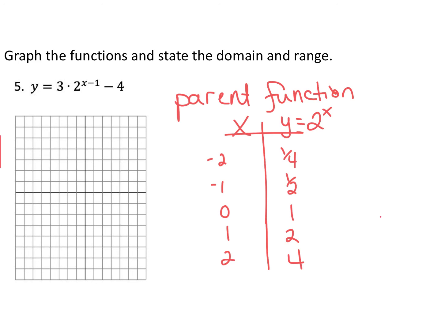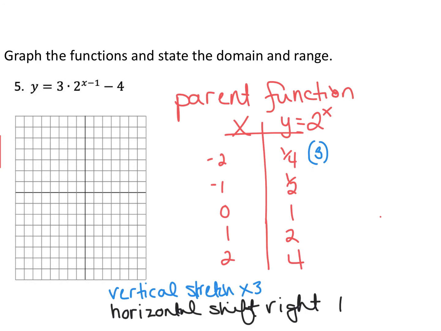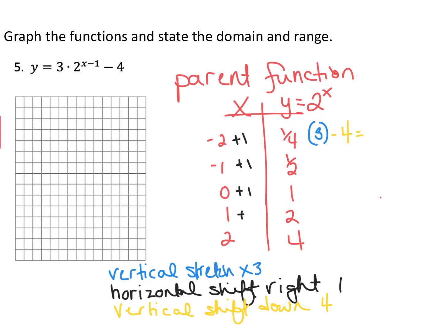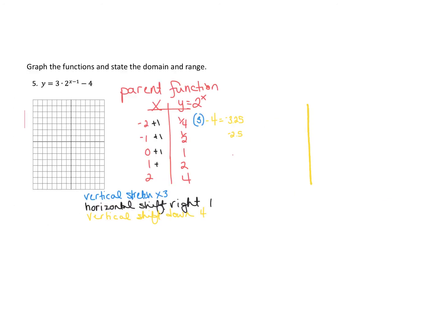So we have a vertical stretch by a factor of 3. So I'll be multiplying each y value by 3. I also have a horizontal shift right 1, which means each x value will have 1 added onto it. And then I have a vertical shift down 4, which means I now have -3.25 for my new y value. And to make it a little clearer, I'm just going to recopy my ordered pairs over here.